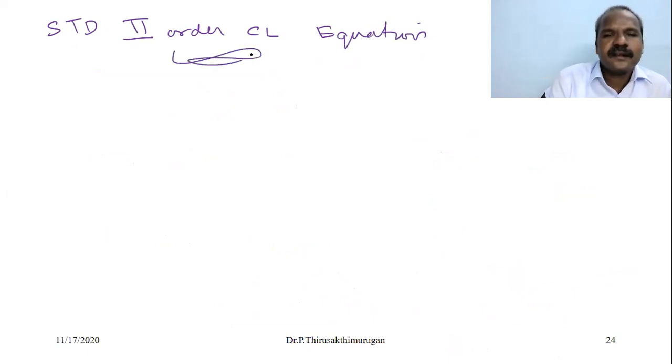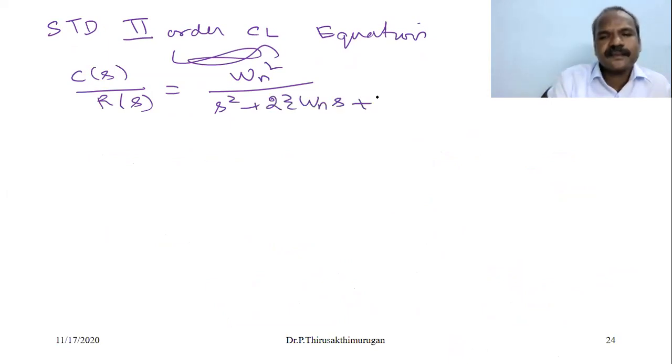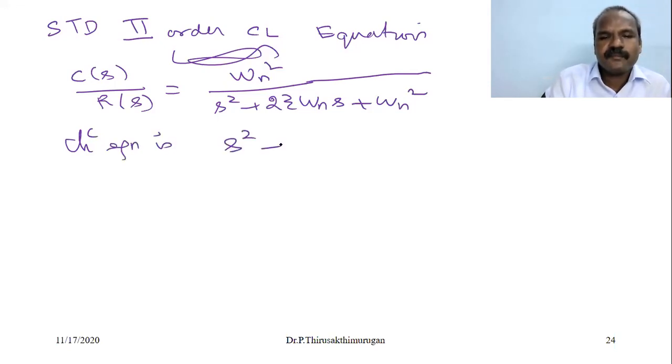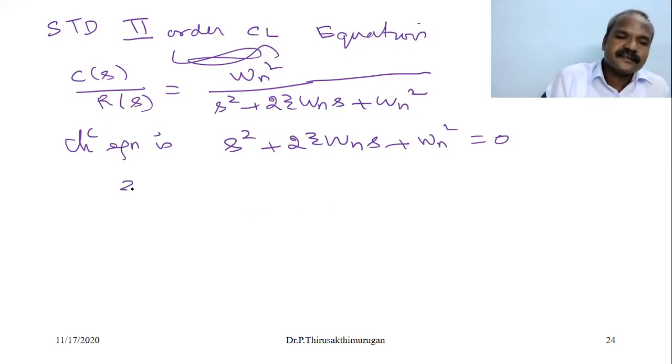For second order equation, C of s by R of s equal to omega n square divided by s square plus 2 zeta omega n s plus omega n square. This you know, right? So the characteristic equation is s square plus 2 zeta omega n s plus omega n square equal to 0.